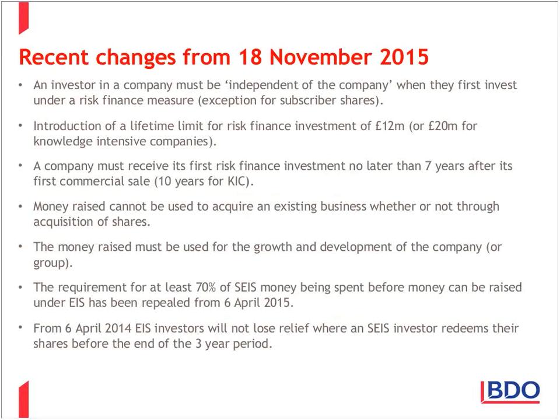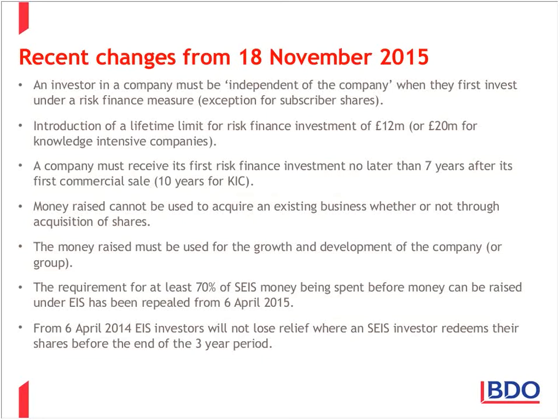Now, there's been quite a lot of turmoil since there were some changes to the EU state aid rules, and the government announced that there would therefore have to be corresponding changes to the EIS, CDIS and VCT rules. And these changes came in from royal assent of the Finance Bill, which was on the 18th of November 2015, and this is a list of those changes.